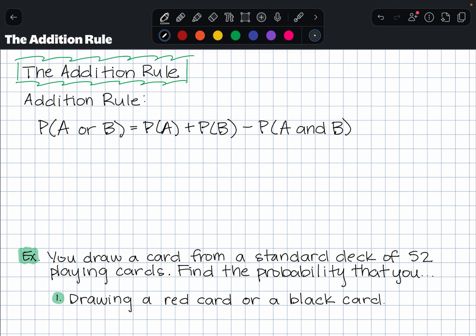So two things to notice. First, this is subtracting off the double count for not mutually exclusive events. And you'll notice that if two events, A and B, are mutually exclusive, we know the probability of A and B is 0.